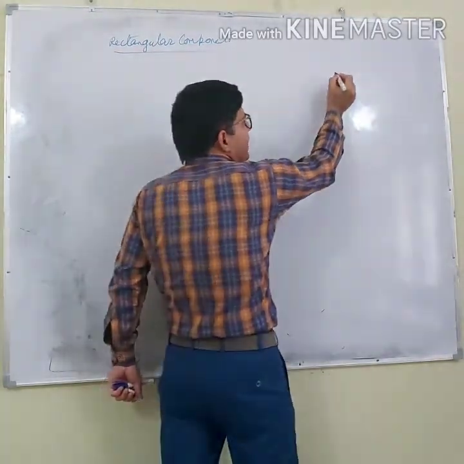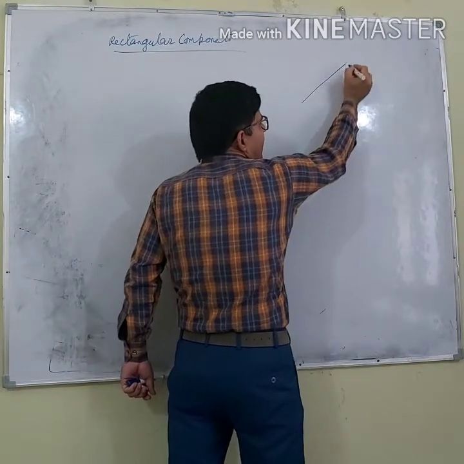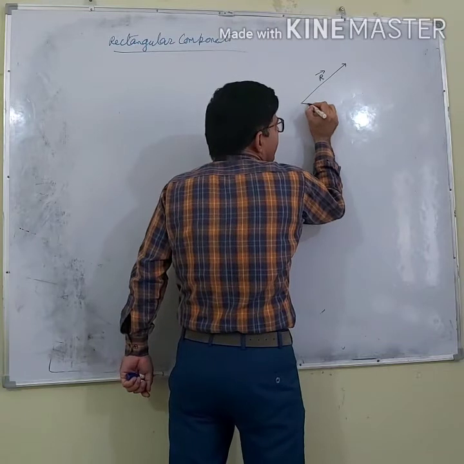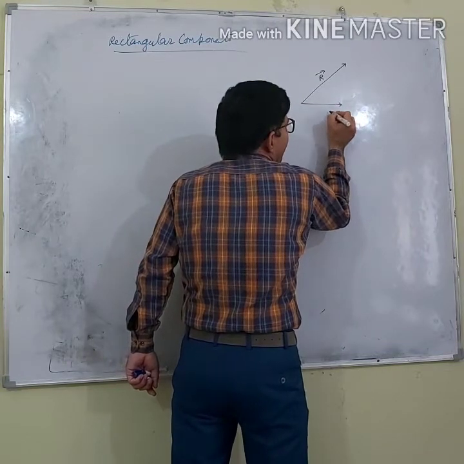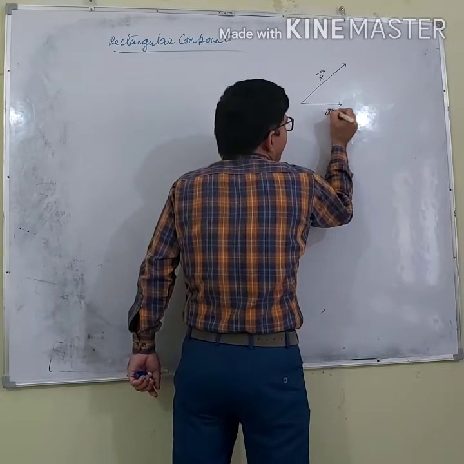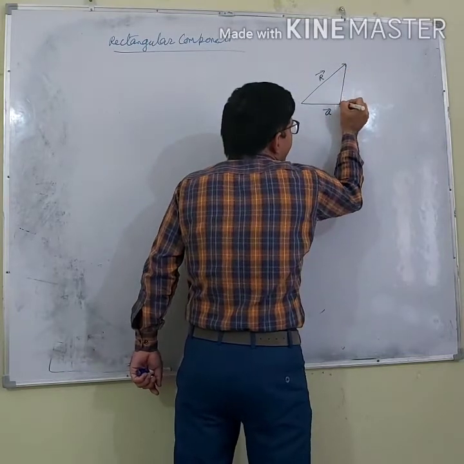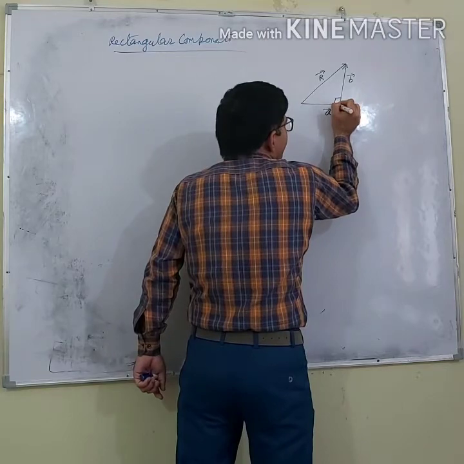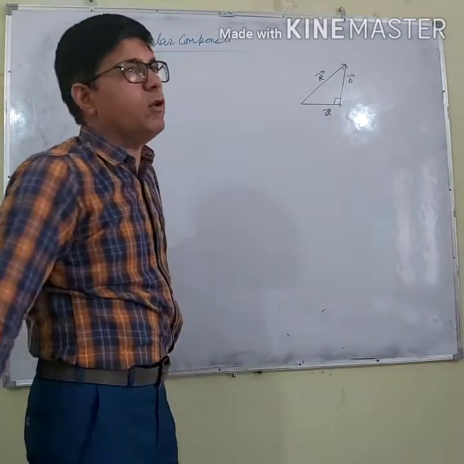Let us say I am having vector R and I want to find its rectangular components. So all of you know that, let us say this is vector A and this is vector B. So these components are rectangular. Why?